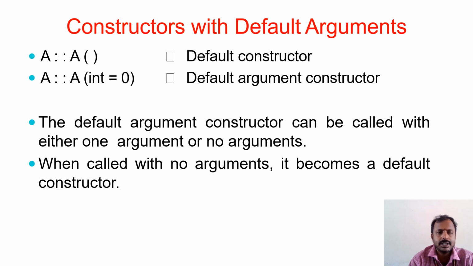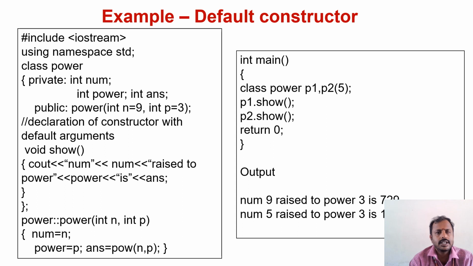In the second statement, I pass an argument which is initialized as 0. This indicates that in case I pass a value to the constructor, that value will be accepted by the constructor. In case I do not pass any value to the constructor, then it will assign the default value 0 to the data members. Here I have an example for the default constructor.